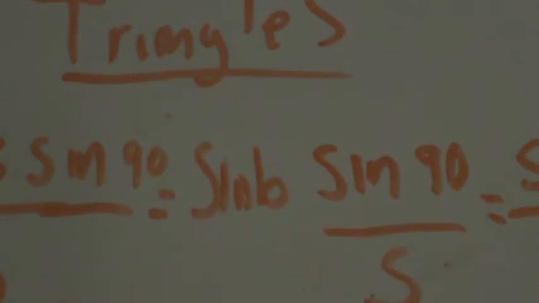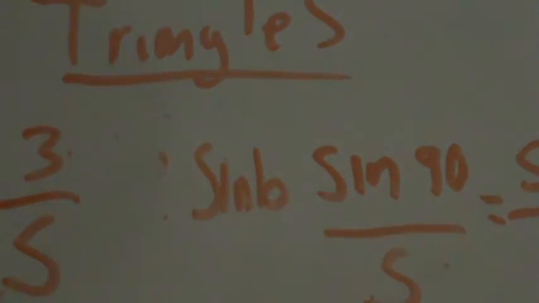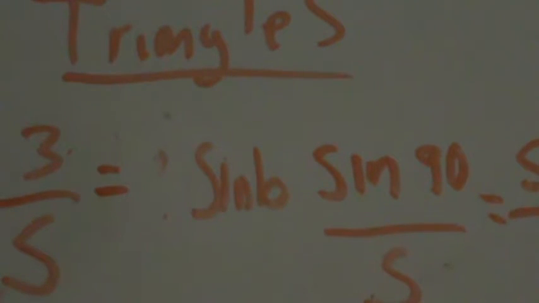So we know that we can simplify this. We know that sine of 90 is 1, so we know that sine b has to equal 3/5, right? So all you do here is you just grab your calculator, make sure it's in degrees for this situation, unless you want it to convert to radians.